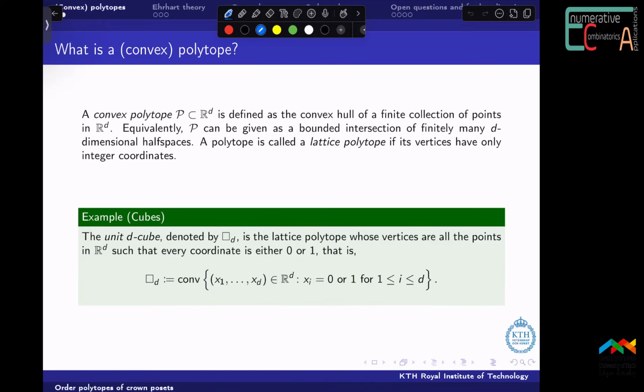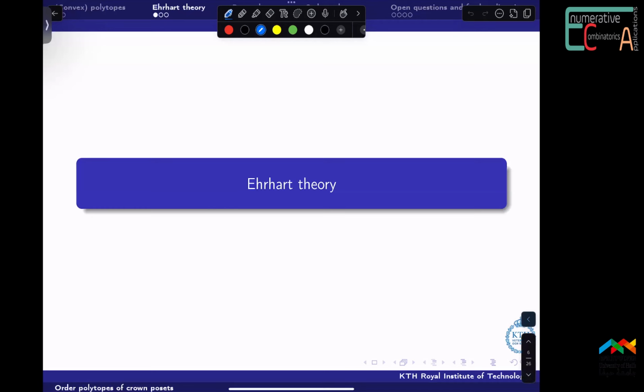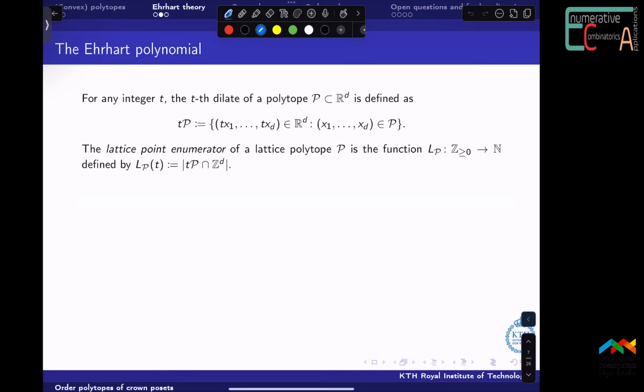Okay, now we can move quickly to Ehrhart theory. To start talking about Ehrhart theory, I need to define what dilating a polytope is. And this is exactly what you may be thinking it should be.